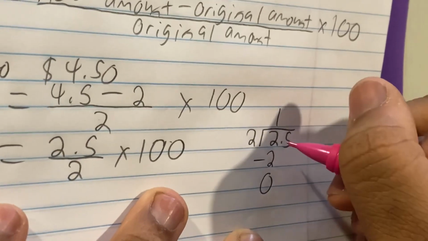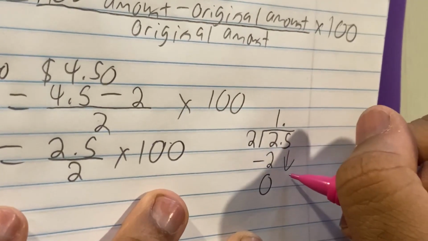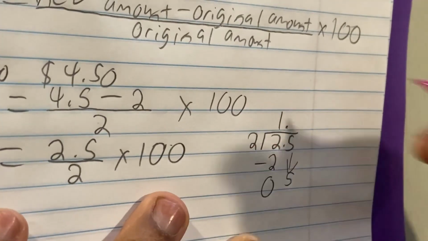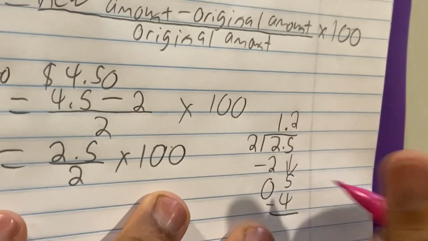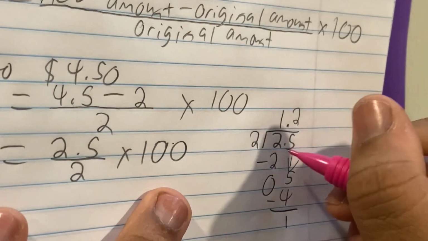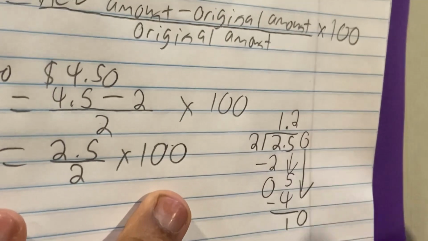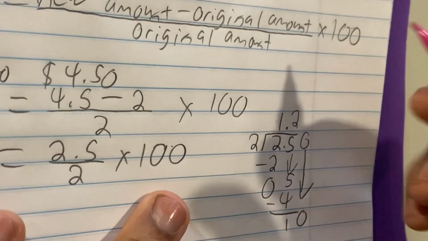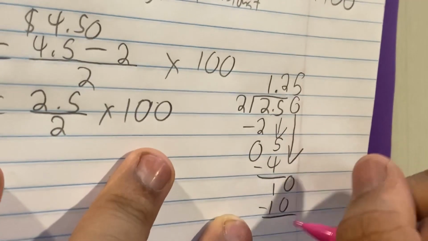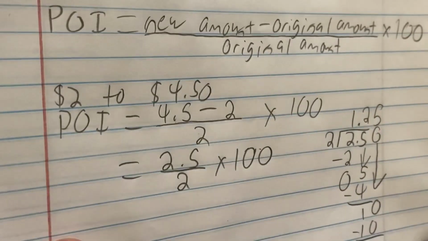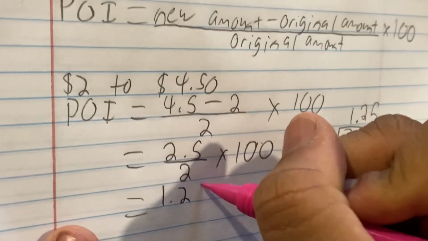Don't forget the decimal point. Then we bring down the 5. How many times can 2 go into 5? 2 times. 2 times 2 equals 4. 5 minus 4 equals 1. Since we have this decimal here, I'm going to add an invisible zero and bring it down. How many times can 2 go into 10? 5 times. 5 times 2 equals 10. So 2.5 divided by 2 equals 1.25.